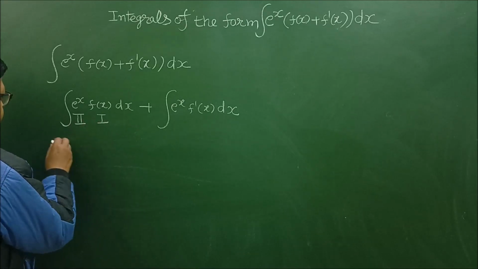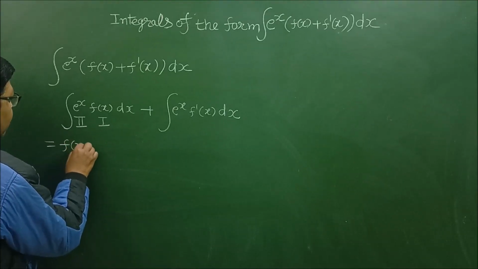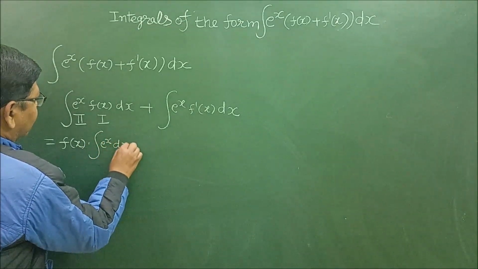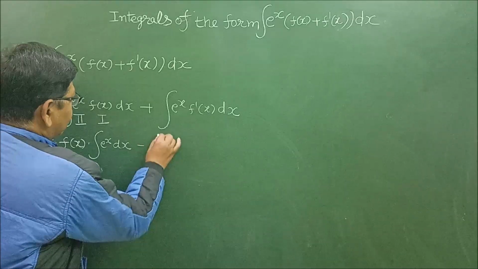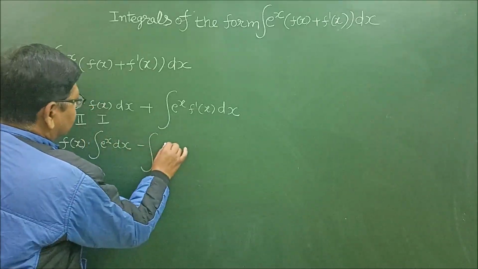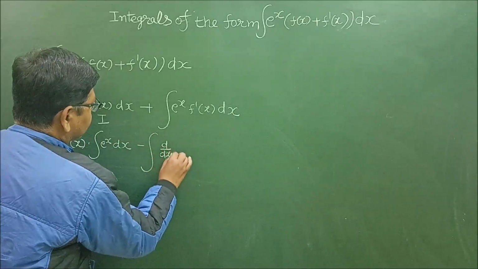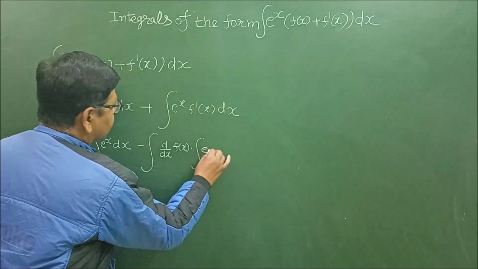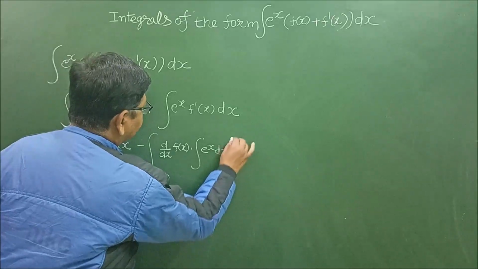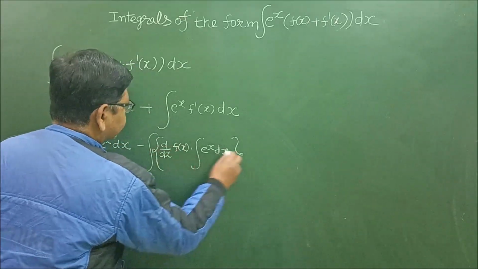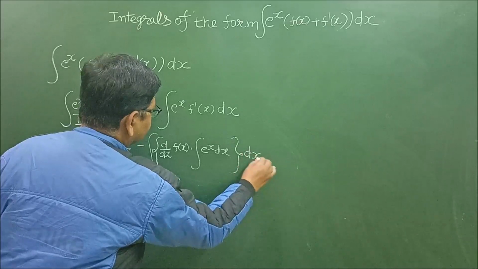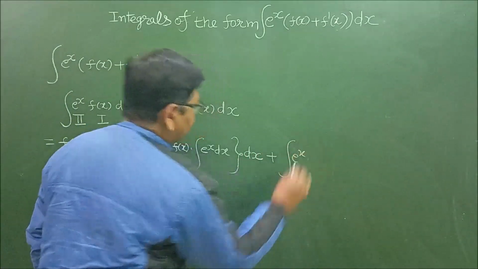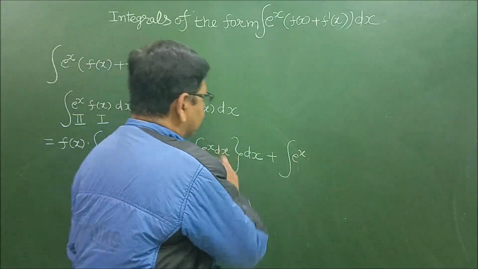So first function f(x), integral of the second function e raised to the power x dx, minus integral of the derivative of the first function into the integral of the second function, and whole integral, plus ∫ e raised to the power x f'(x) dx.